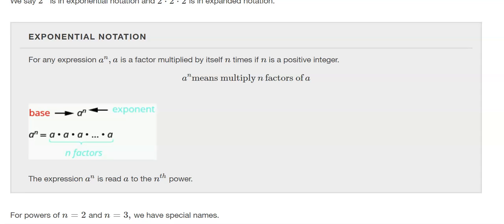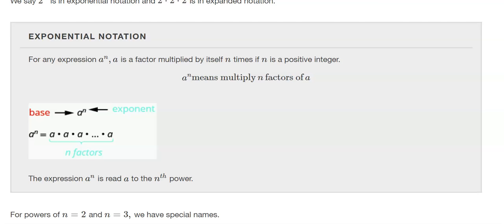Okay. So n factors, look at this. A is being multiplied how many times over? N times over. So the number of times it's being multiplied is the number of factors, right? Because it's the same a that's being multiplied. So a is multiplied n times over. When I say 2 power 3, then 2 is being multiplied 3 times over. So it means to multiply 3 factors of 2.